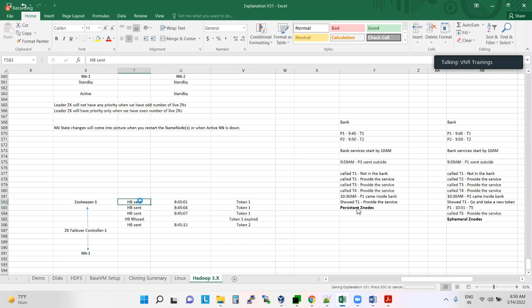What is your question? A ZNode is a service inside Zookeeper, a token number. So here, ZNode 1. Is it fine now? Sir, who came first is required only to select the leader, right?